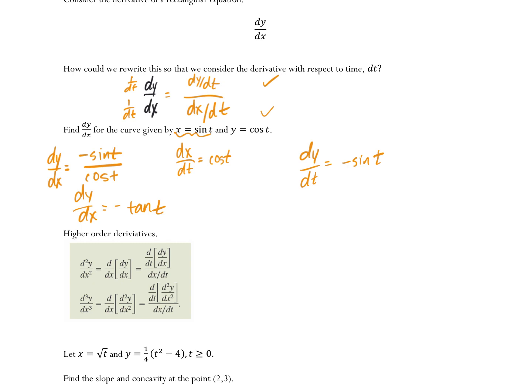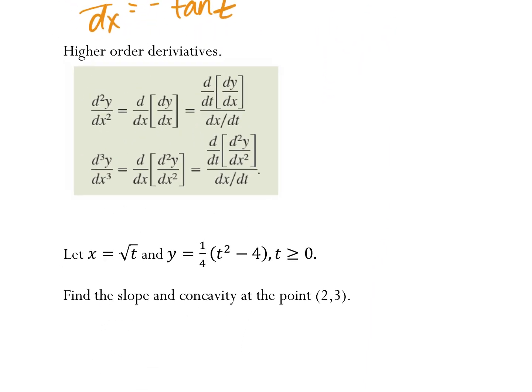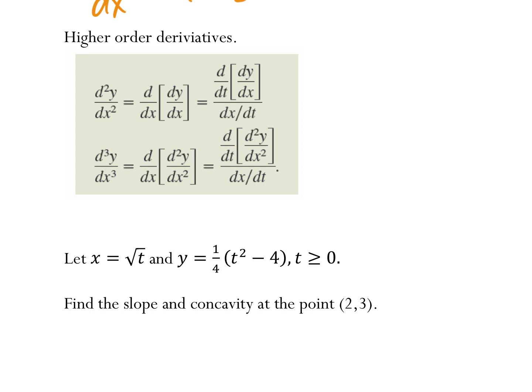Just like our original parametric equations were x and y in terms of t, now we have a derivative of x and y in terms of t. Then how do you take second or third derivatives? When you think about finding the second derivative, you're taking the derivative of the first derivative.